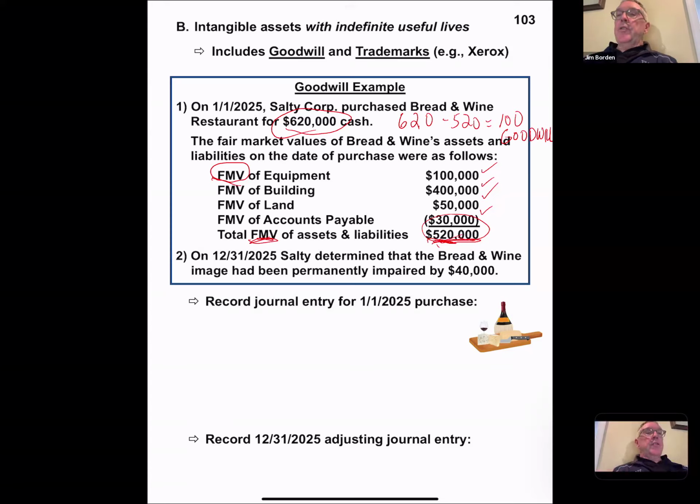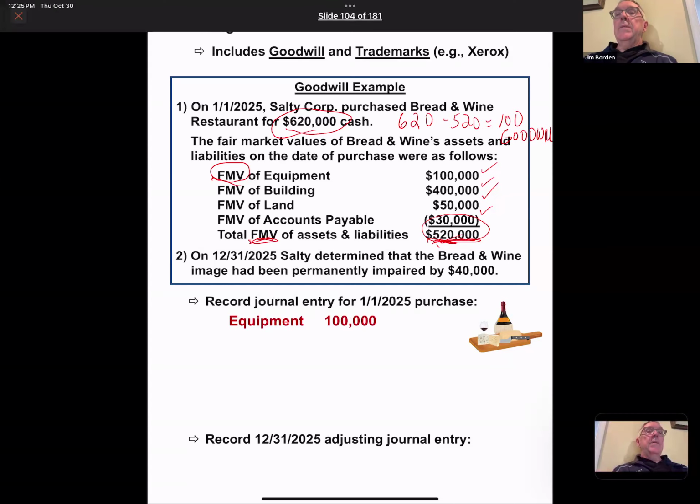All right. So let's do the journal entry for this. We'll record all the assets that we bought here: equipment, building, land. We'll leave out the goodwill for a second so we can think of it as an item we're solving for with this journal entry. We paid 620,000 cash.